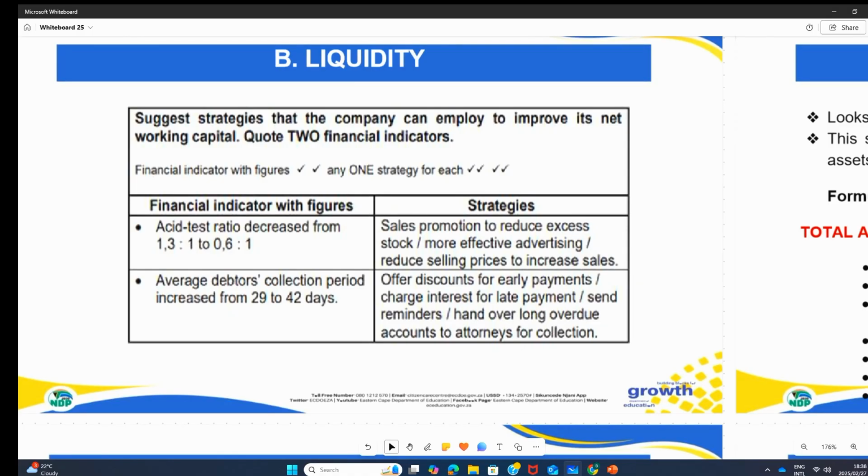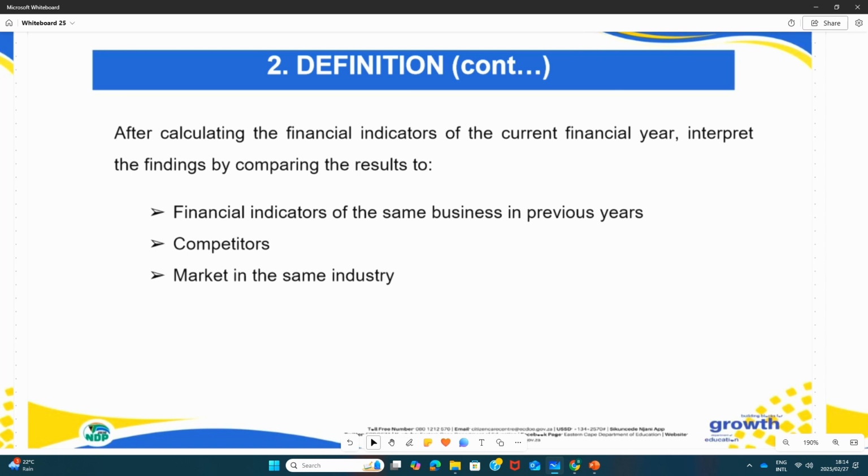With the average debtors collection, if you look at it, it has increased. Ideally, as the business, we would like our debtors to pay us within 30 days. But what do we do in analysis and interpretation here in grade 12? What is expected of you? What's expected of you is that you first need to calculate your financial indicators after you have drawn up your financial statements. Once you have your financial indicators calculated, you then need to analyze and interpret what these financial indicators mean.